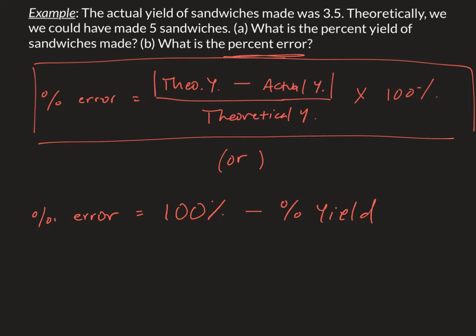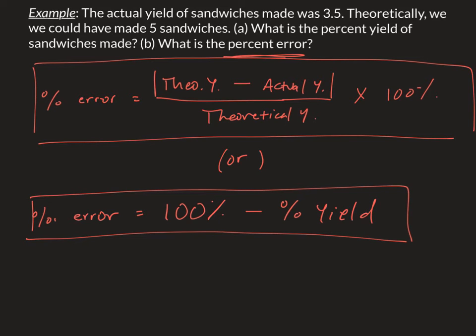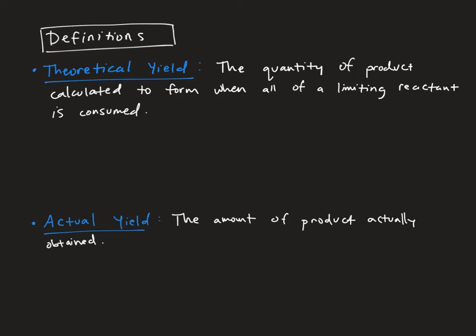You can use either one to solve for percent error. So make sure you guys copy down these two formulas, or at least one of these two formulas, preferably this top one if you're only going to copy down one, but I would encourage you to get down both as well. Okay, so let's go ahead and get into some definitions here.